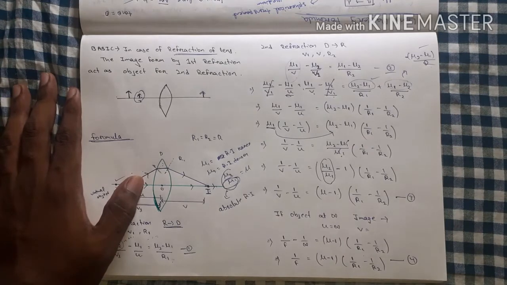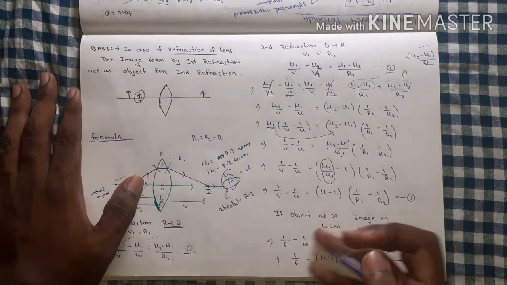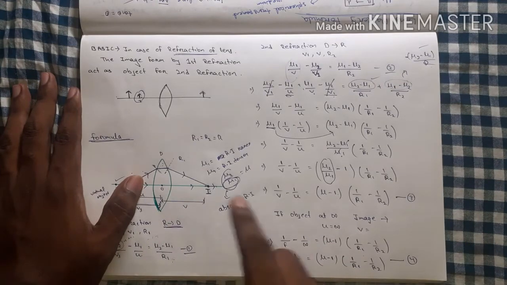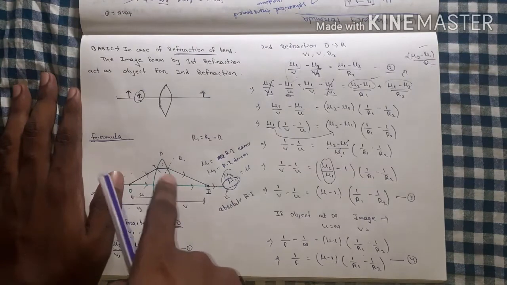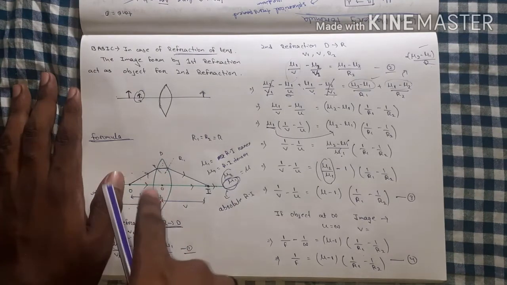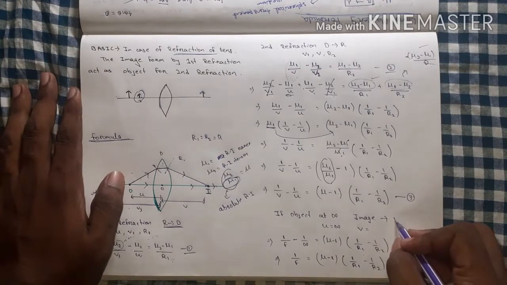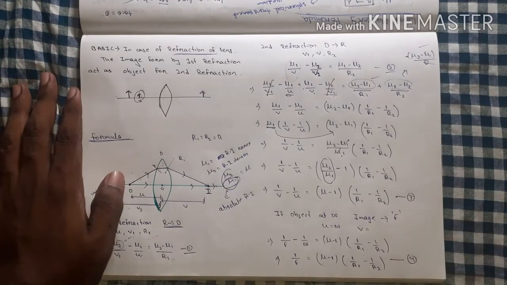Listen, if the object is at infinity, where will the image be? In the case of a convex lens, we studied that if the object is at infinity, the image will be at the focus point.